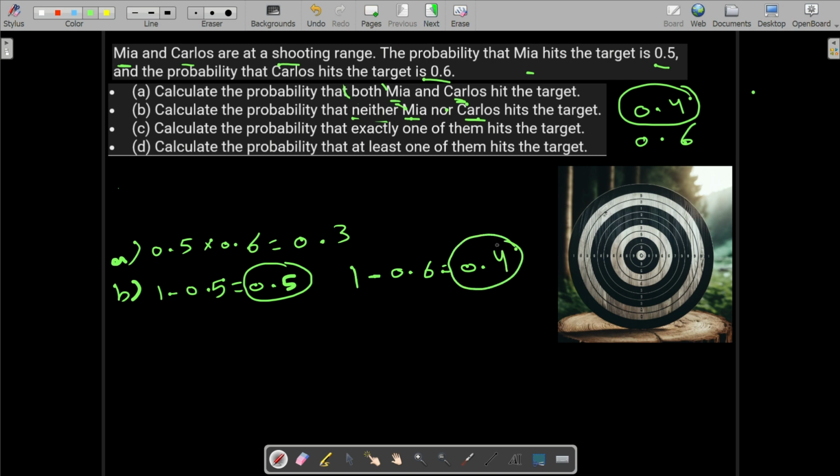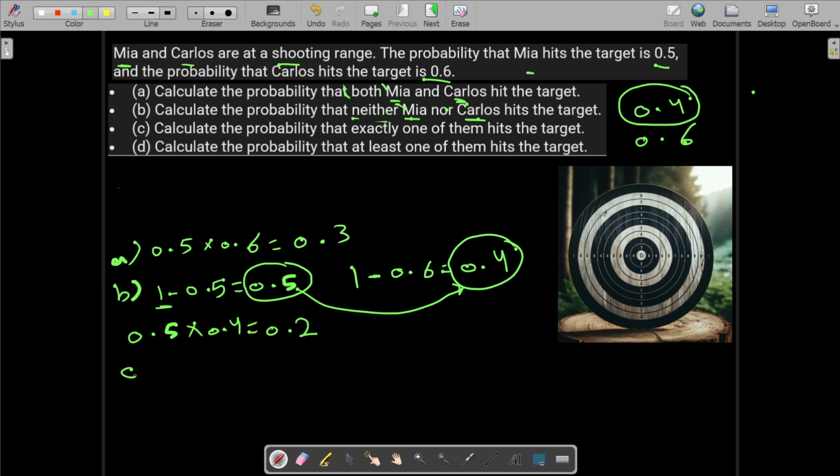And we will multiply these two probabilities together to get 0.5 multiplied by 0.4, and in this case the answer is going to be 0.2. So what have you learned now? If you need the opposite of something, or an event not occurring, you will make 1 minus.